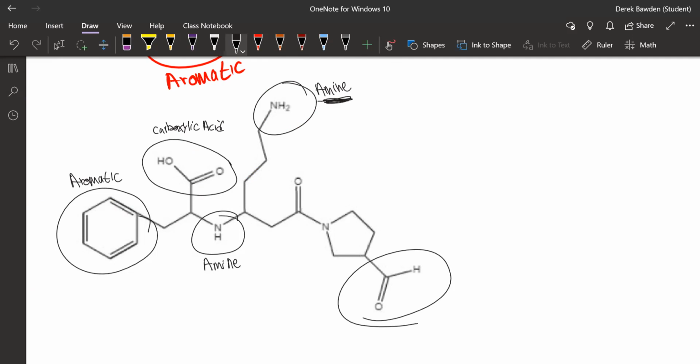Anyone remember? Aldehyde, perfect. Good job, Tanner. Cool. All right, and then the last one is this right here. What's this one? Yes, perfect. 3-degree amide.